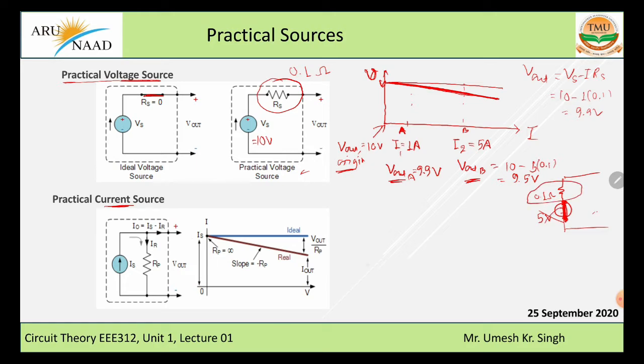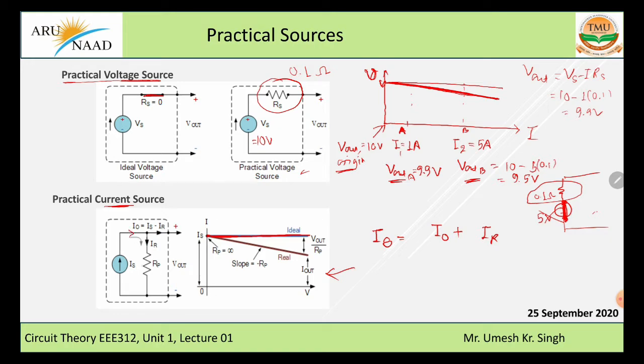In the same manner, we can also understand the ideal current source. For the constant value this will be the same, but when we see the circuit, Is is nothing but the sum of these two currents, I0 plus IR.